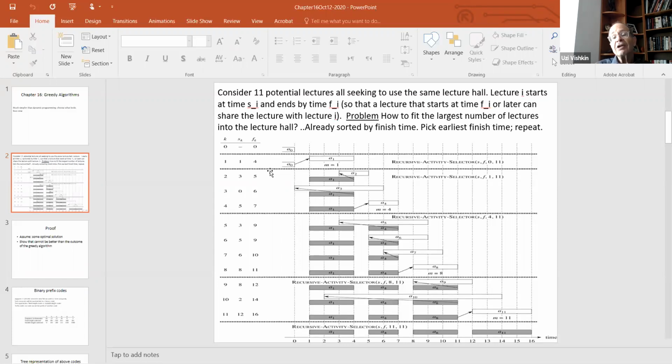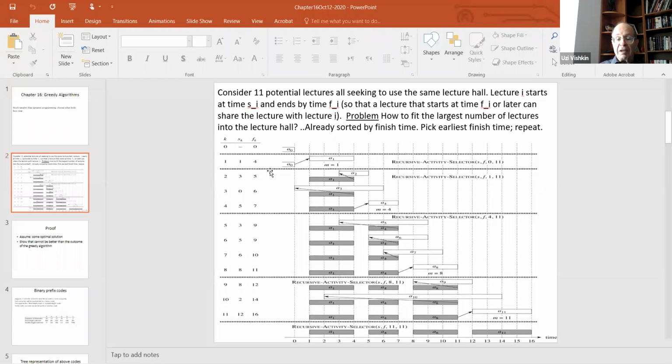So for the sake of a proof of correctness, this will be only interesting if we hit some lecture that you have and I don't have, right? Because you claim to have more lectures. So certainly you should have such a lecture. So let's make, without loss of generality, the assumption that already the first lecture, you don't have, you have something else.